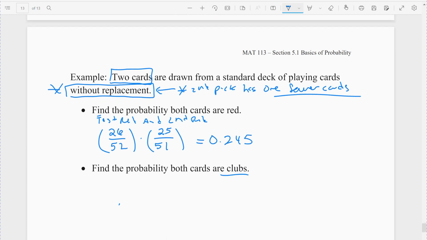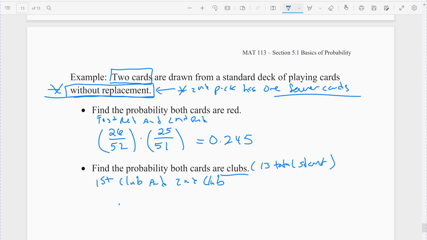Alright, both cards are clubs. Remember, clubs, there are 13 total when you start. One suit is 13 cards. You can go look at it and count. One suit, clubs, counts up to 13. So we get the first pick is a club, and the second pick is a club. But remember, once we pick a club, we don't put it back.